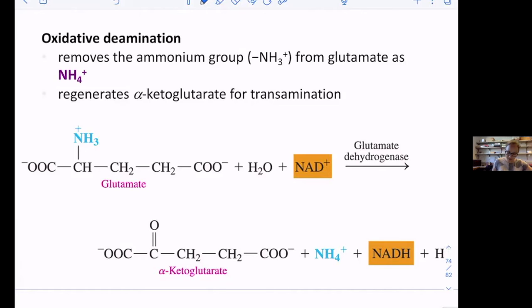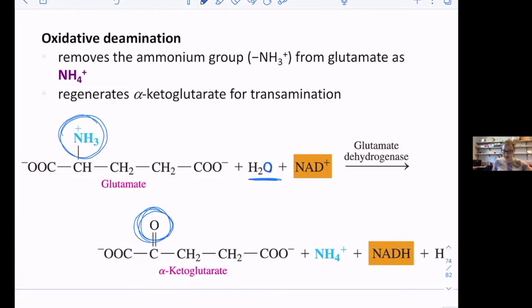So what happens overall? You see this NH3 is oxidized. We change it into an oxygen and then oxidize that up to make that alpha keto. This uses water. That's where the oxygen comes from.